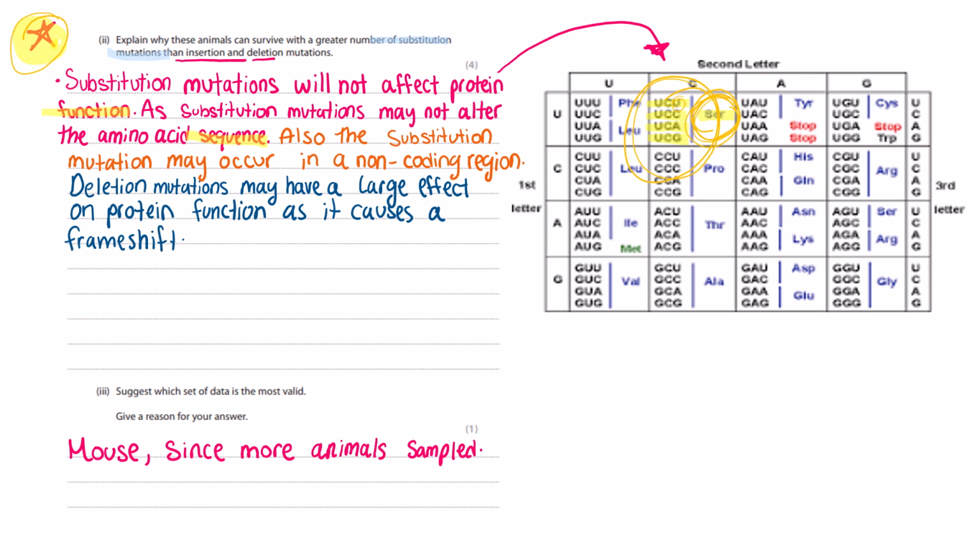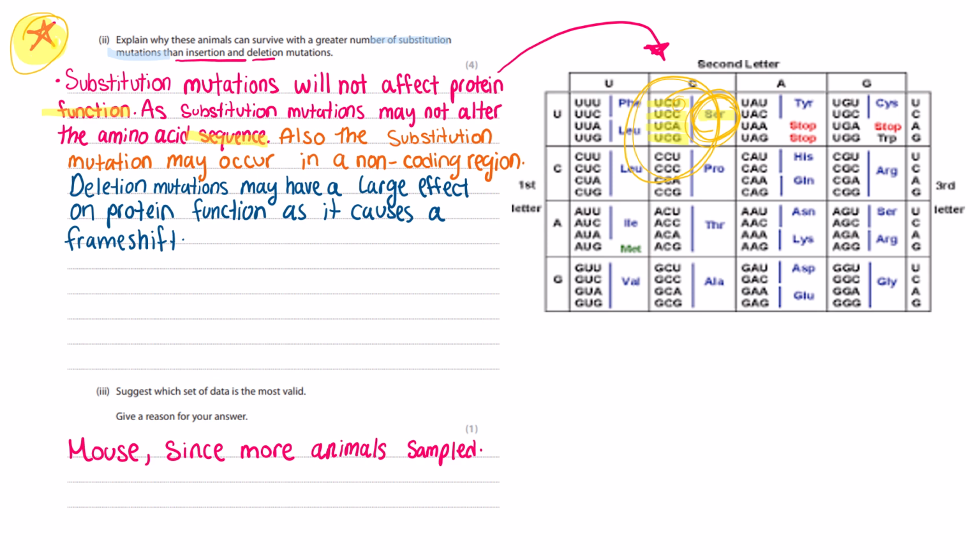However, many parts of it are non-coding and they don't do anything. Okay, and also deletion mutations may have a large effect on protein function as it causes a frame shift. It changes the amino acids and brings in different amino acids, therefore changing what's actually happening.